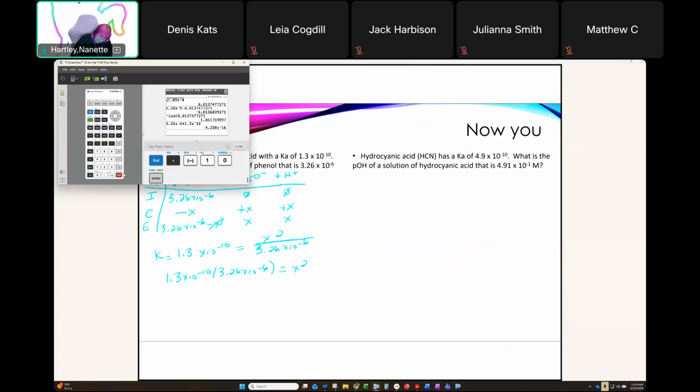So x squared is equal to 4.238, and I'm not going to round anything at this point, times 10 to the minus 16. X is therefore the square root of that.